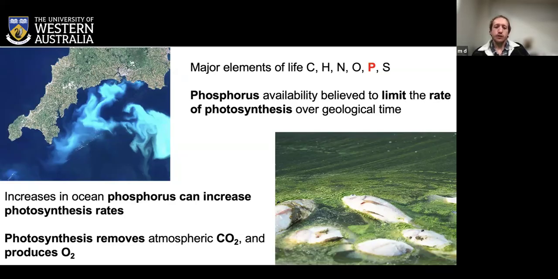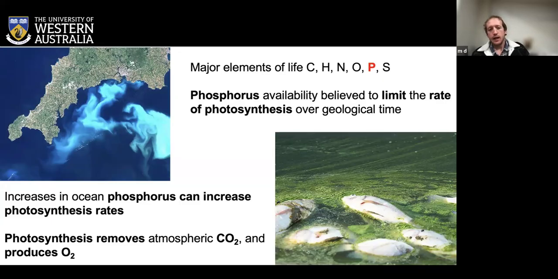So, out of this critical list of elements that life needs, phosphorus is the only one which tends to be a little bit harder to find. And because of that, a lot of speculation has been made around phosphorus being what has been dubbed the ultimate limiting nutrient for life in the oceans over geological time periods.